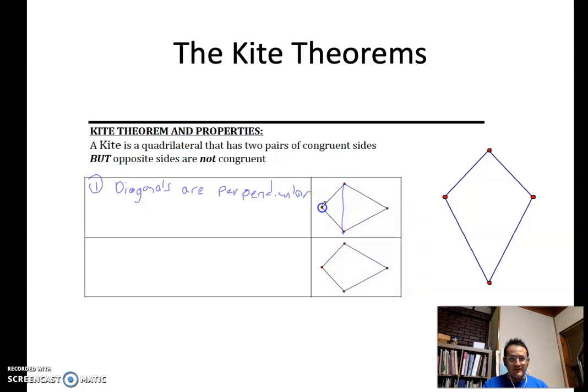So this is the property that my student called a few years ago, "make Jesus," because they do form 90 degrees.